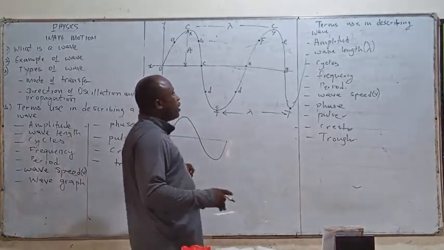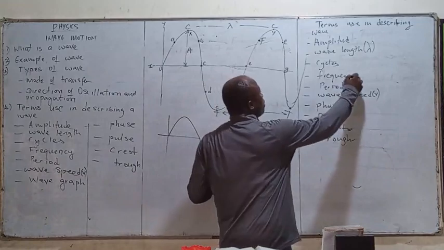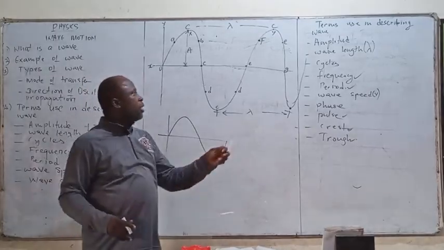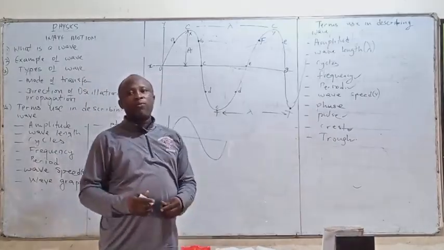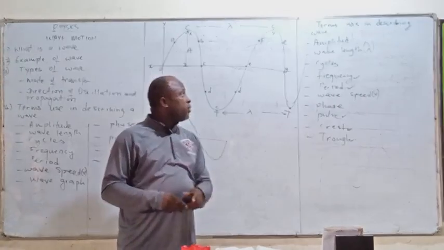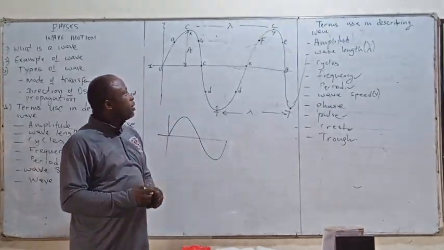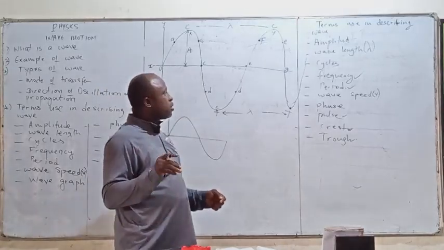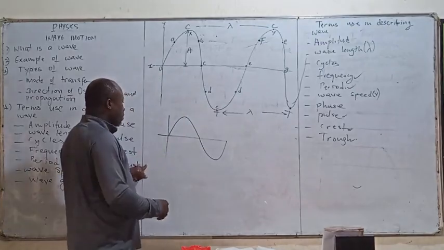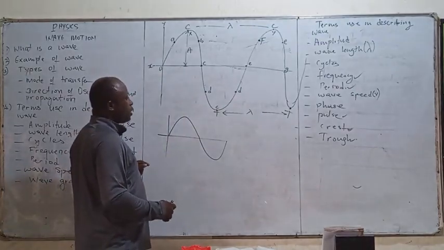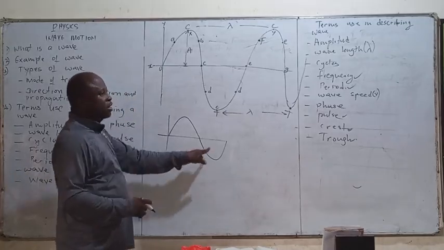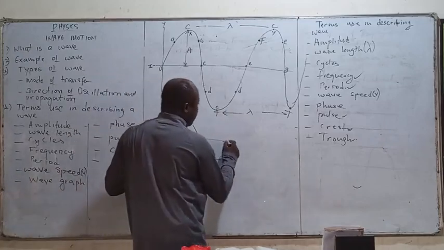There are two things left that we have not talked about: frequency and period. Frequency is the number of cycles performed in a second. For example, we refer to this as a cycle already.